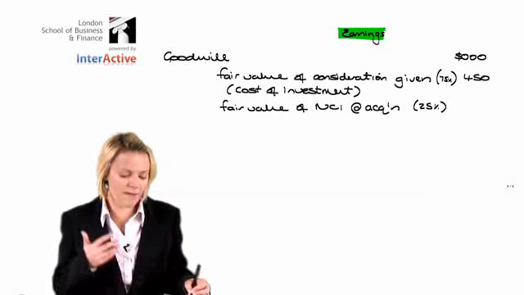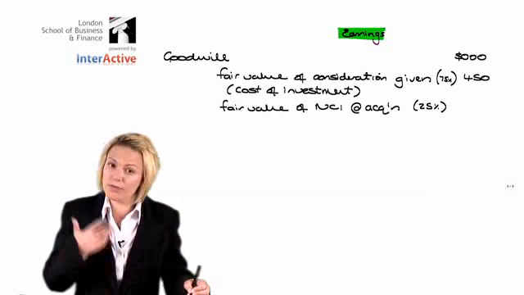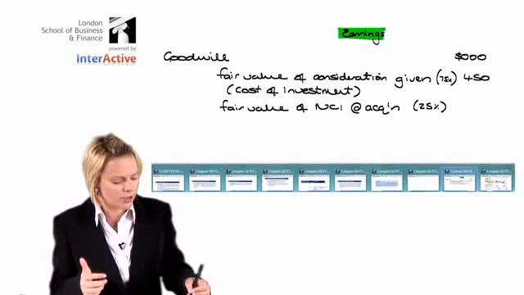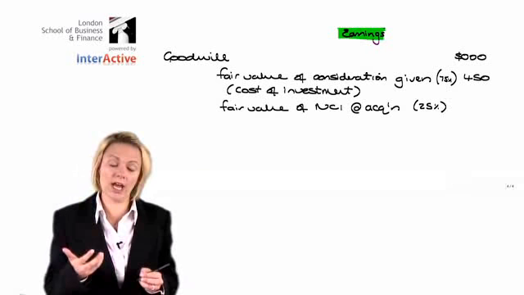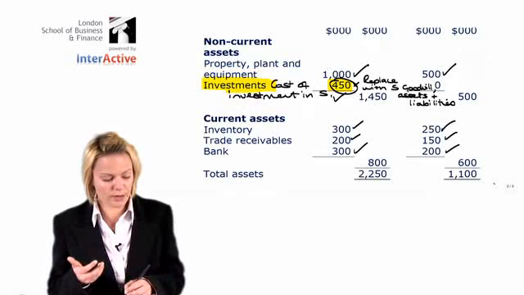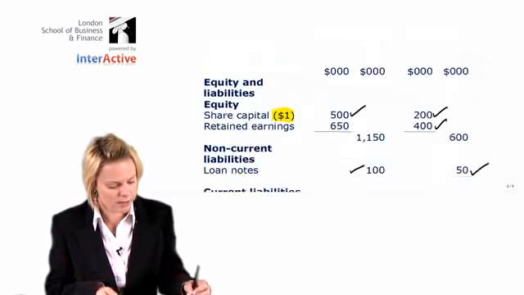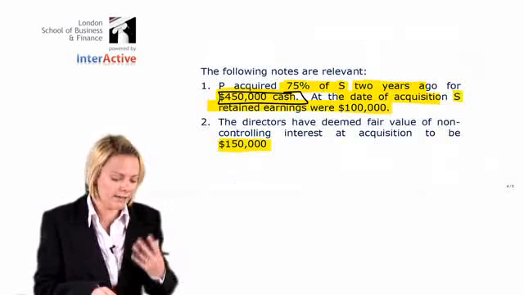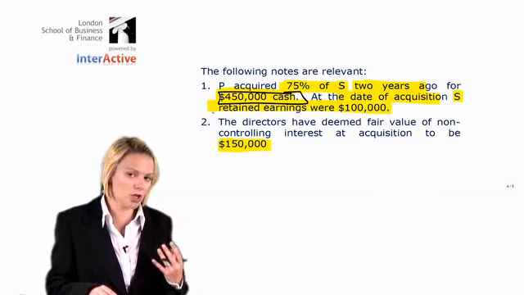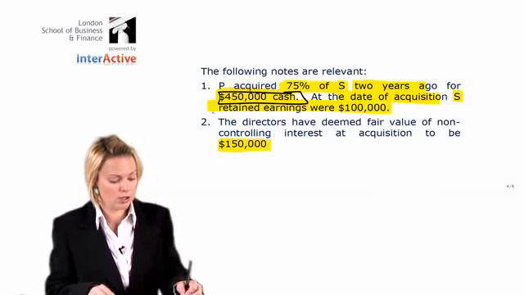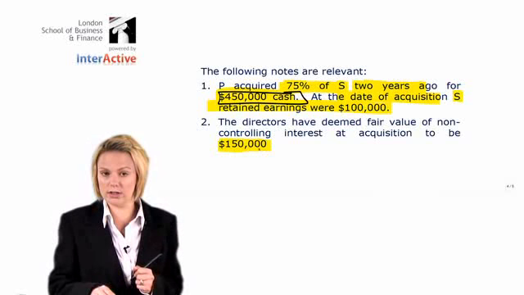Now, we were told that the fair value, the market value of the subsidiary's 25% shareholding, the non-controlling interest shareholding, we were told that in note 2. The fair value, the market value of the non-controlling interest, 25% of the sub at acquisition, was $150,000.